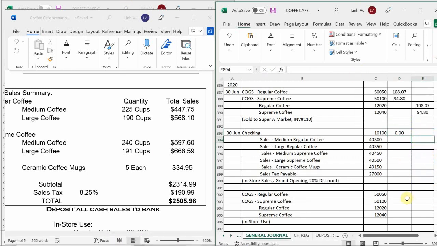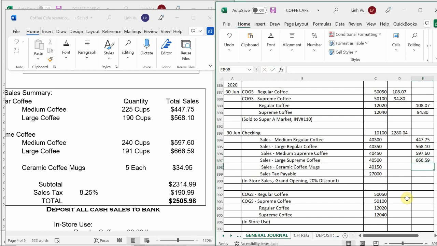In this case, I sold 225 cups of the medium regular coffee for $447.75. I sold 190 large regular coffee for $568.10. I sold 240 of the medium supreme coffee for $597.60. And I sold 191 cups of the large supreme coffee for $666.59.